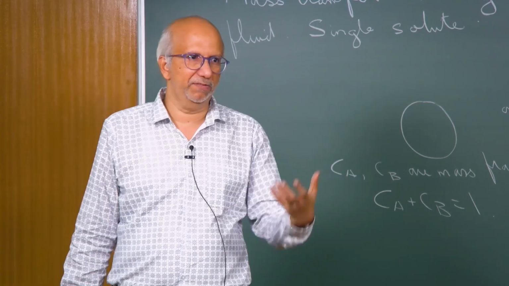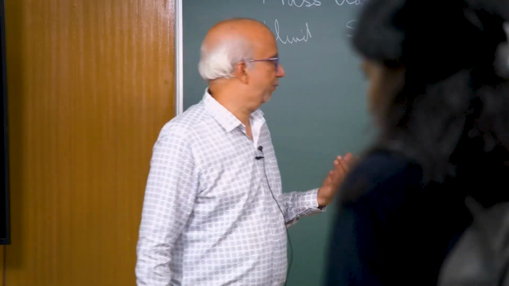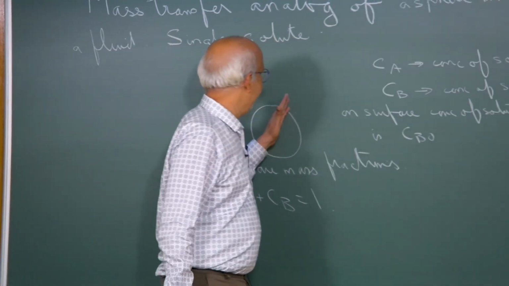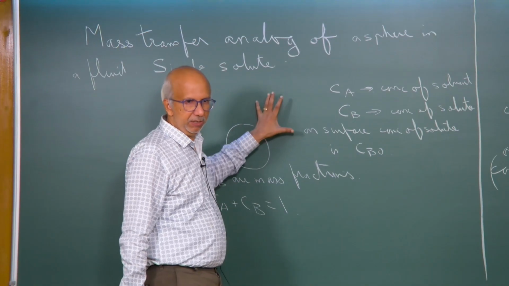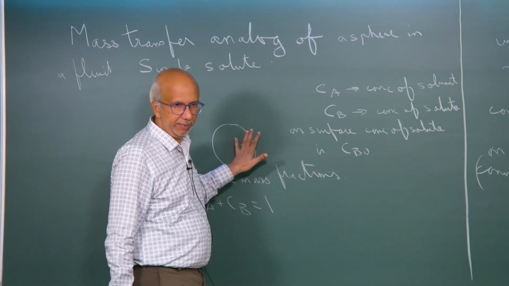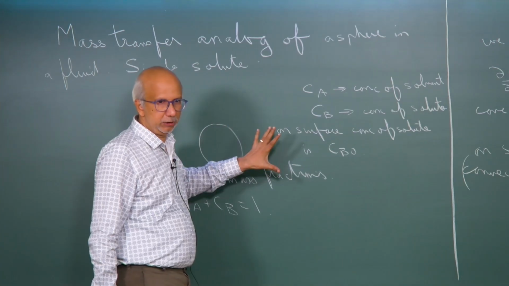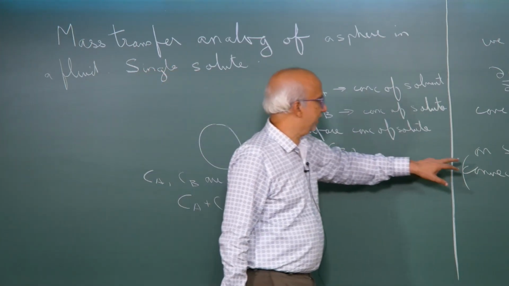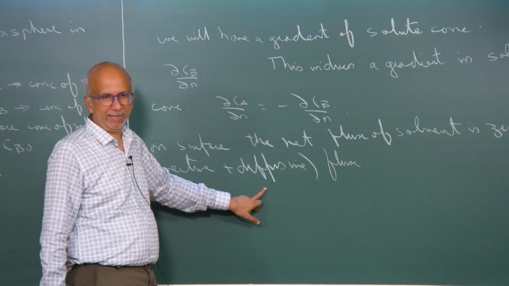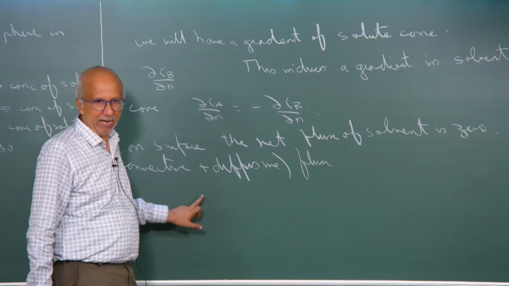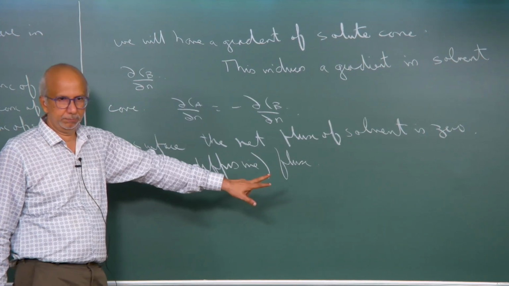That means the solvent is also moving. So there is going to be a diffusive flux, but as far as I am concerned only the solute is getting transferred. So net flux has to be 0. What this means is there is a convective flux induced to negate the effect of the diffusive flux, and the combined thing is 0.